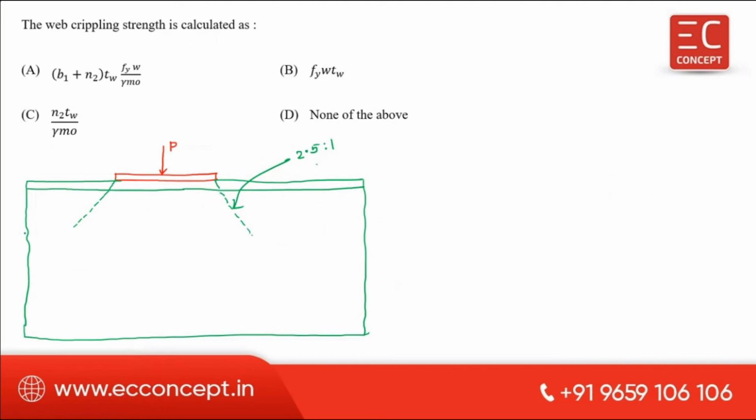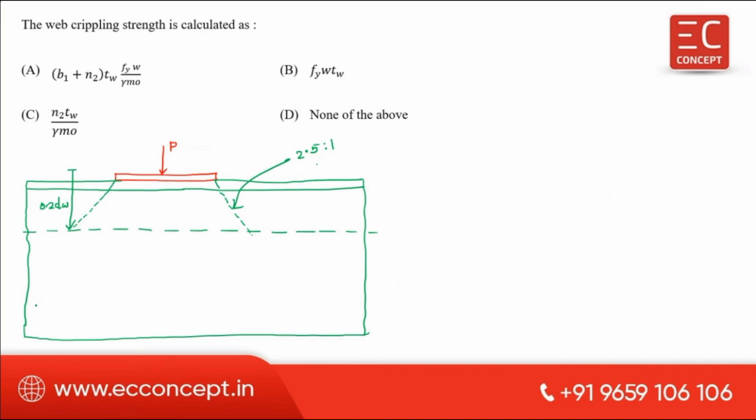Okay, now we will consider the depth. The critical section is at a depth of 0.2 dW.